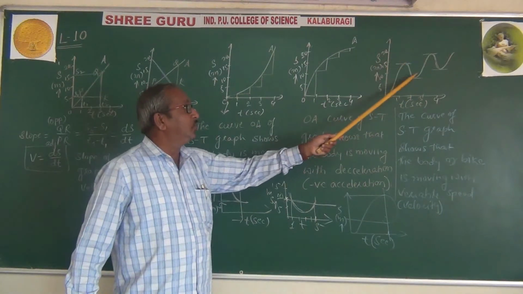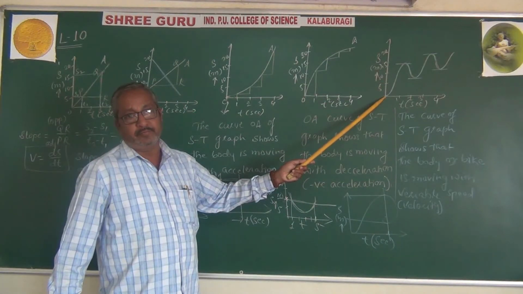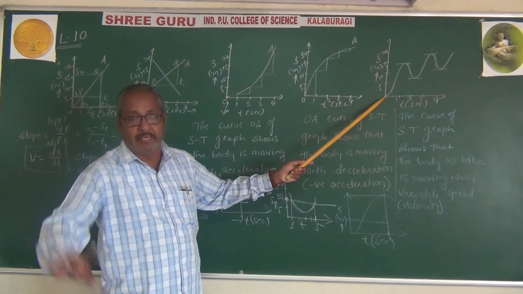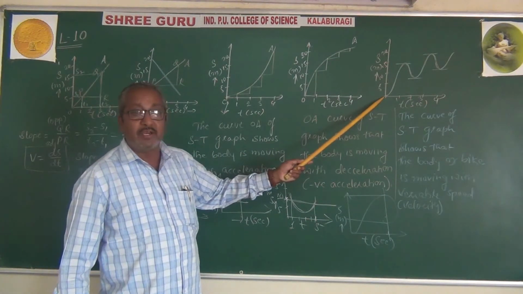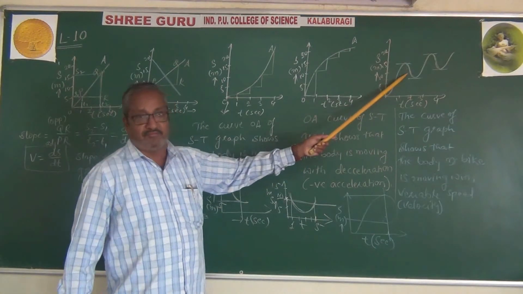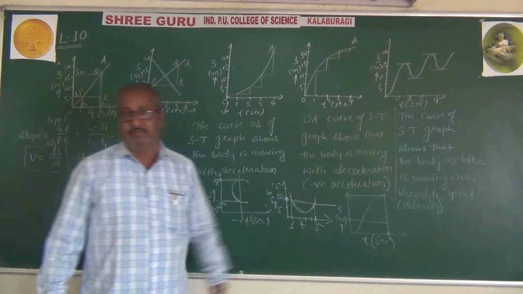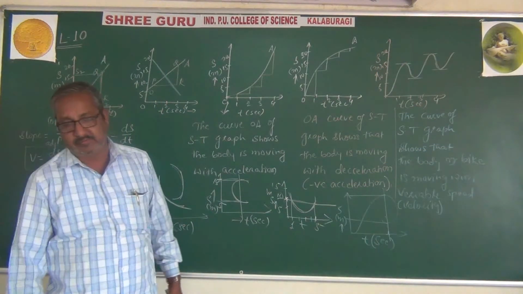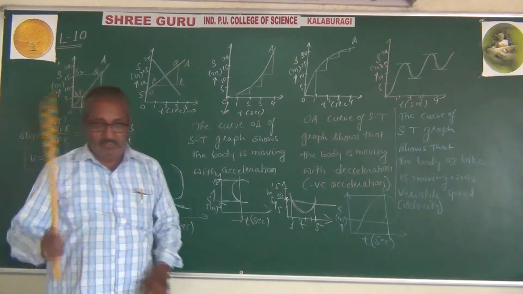Here 1, 2, 3, 4 and beginning, 5 times it becomes at rest during its complete journey. How many times does the body become at rest during the complete journey according to this graph? And here 1, 2, 3, 4, 5 times the body, or the bike, or the vehicle becomes at rest. In between them its velocity is increasing, decreasing, increasing and decreasing.